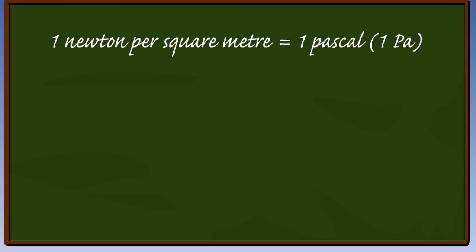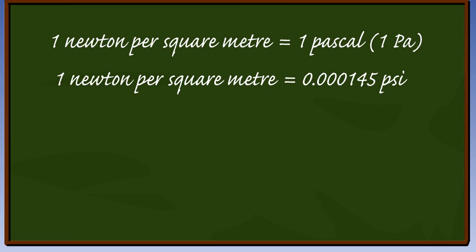In theoretical mathematics, the normal units of pressure are newtons per square metre. These units are often referred to as pascals. 1 newton per square metre equals 1 pascal. However, most aircraft gauges are calibrated in pounds per square inch, or psi.